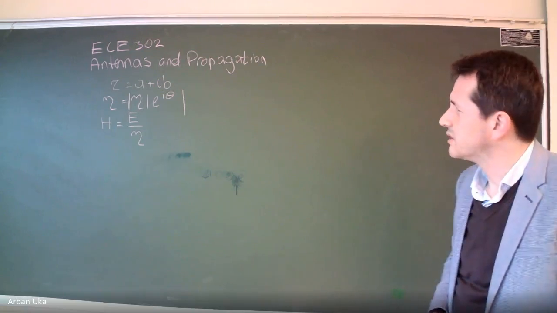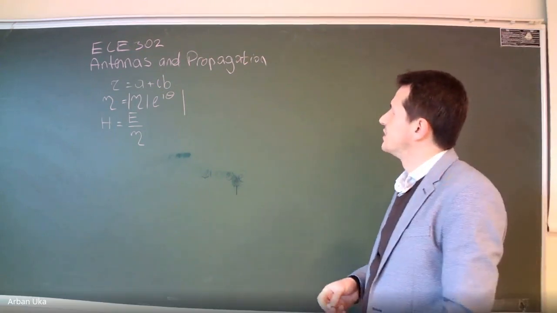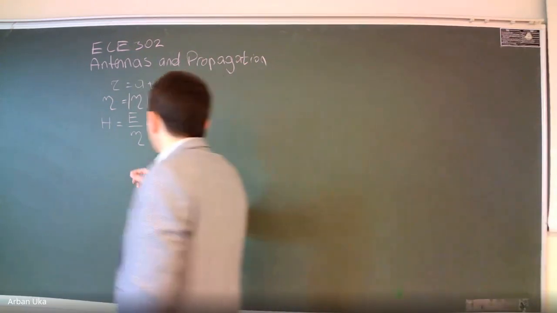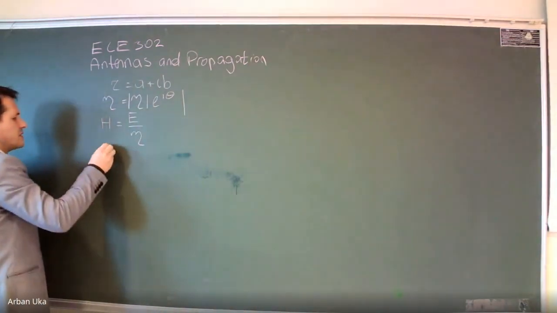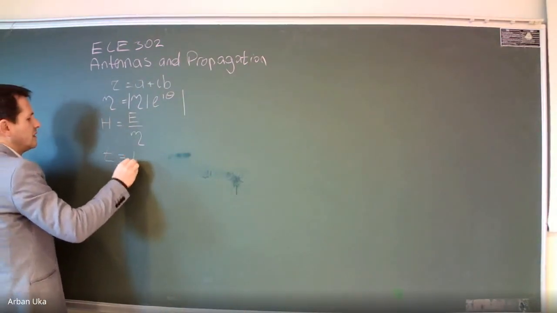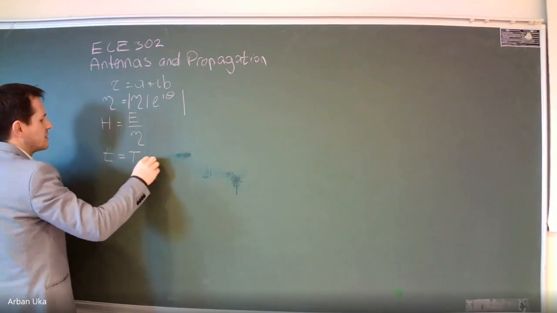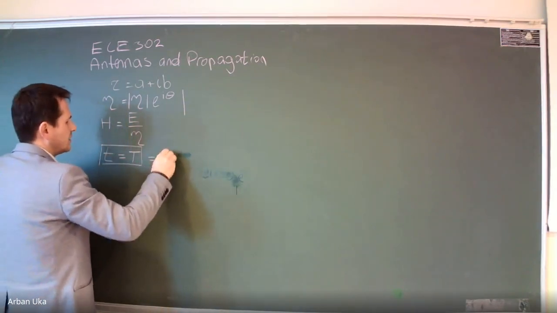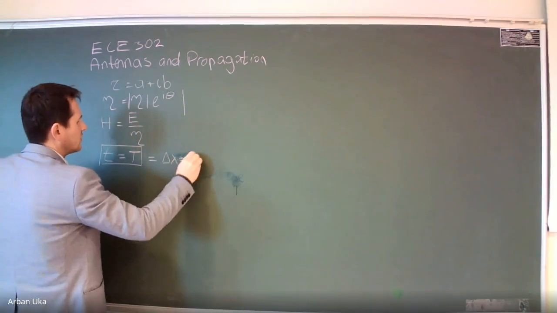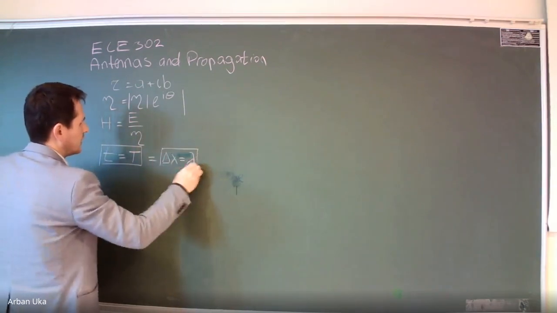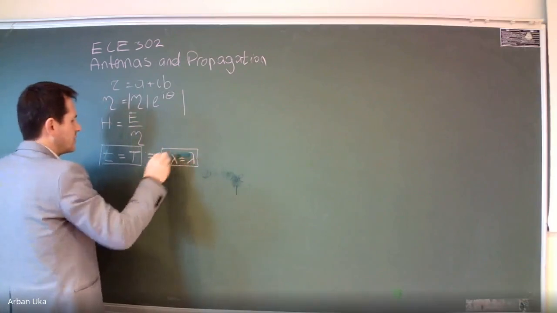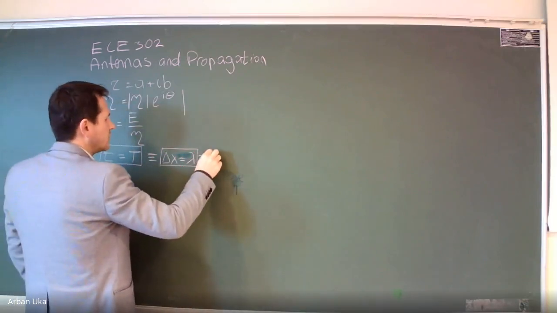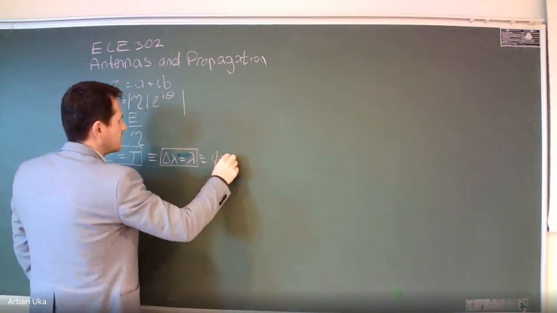And this later in time, we should always remember that it means the following: whenever t is equal to a full period, this is equivalent to a length scale which is equal to lambda. Okay, and this is equivalent to dealing with a phase which is equal to 2 pi.